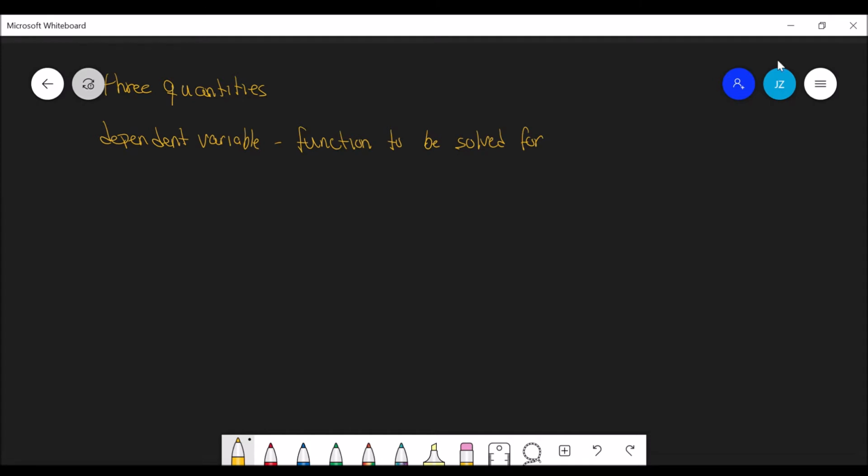We have independent variables, and these are the variables for which the function is a function of. So these are the function variables.